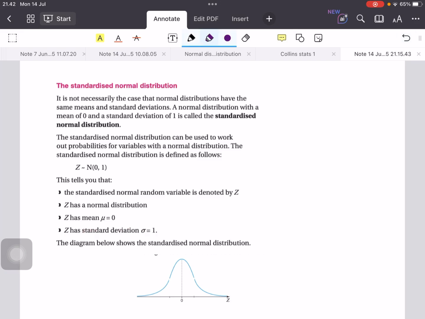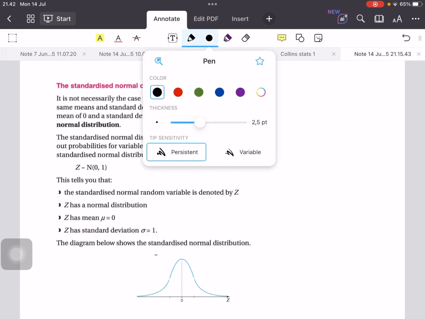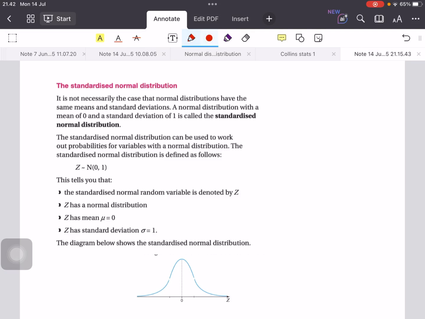And then, as a consequence of the symmetrical property of the normal distribution, 50% of the data will lie below the mean, and another 50% of the data will lie above the mean.